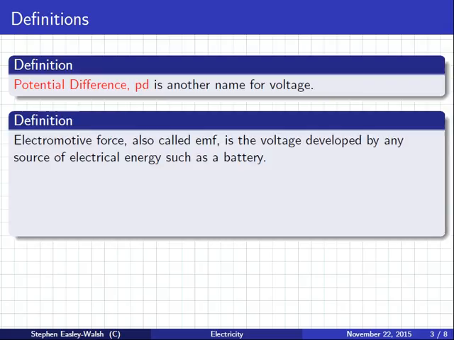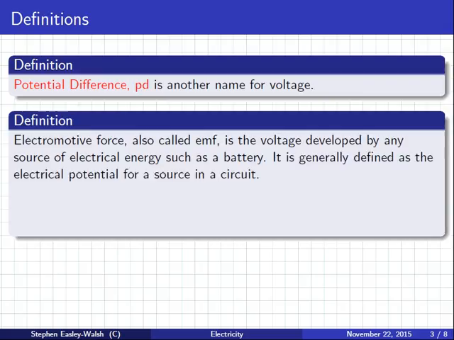Yeah? So if you have a battery and it can do work, like you put your battery into your toy and the toy does work, the battery has an EMF.